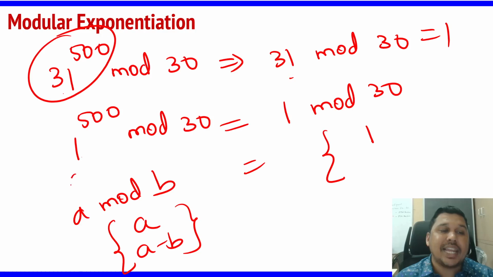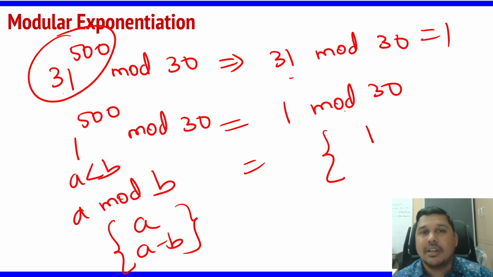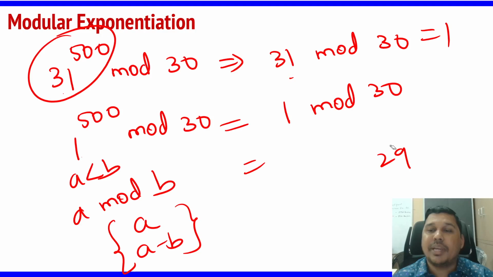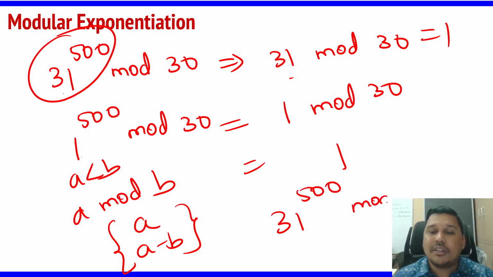So one answer is 1, the other one is 1 minus 30, which is minus 29. Ignoring the sign, which one is the least? 1 is the least one. Therefore, the answer will be 1. So the output of 31 power 500 mod 30 will be 1.